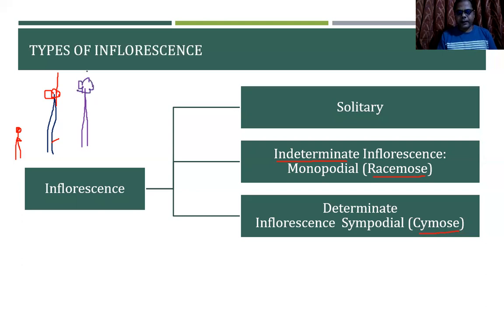Now, when we have the oldest flower on the top, that means this particular peduncle does not have the opportunity to grow. Its increase in length has been determined, or arrested, because of the oldest flower on the top, and the youngest flowers will keep on growing towards the lower side. That is what we call the determinate kind of inflorescence.